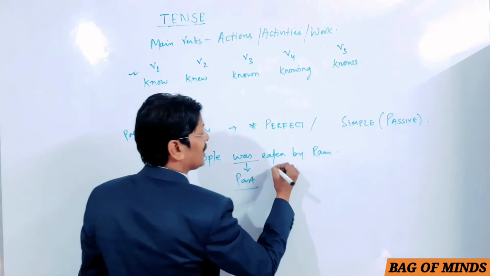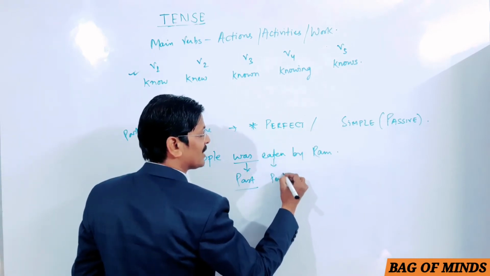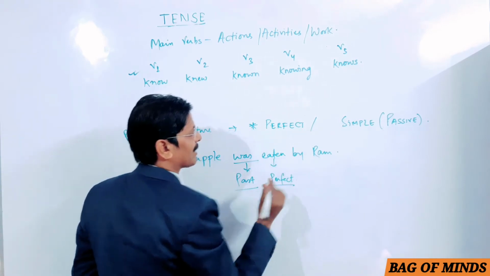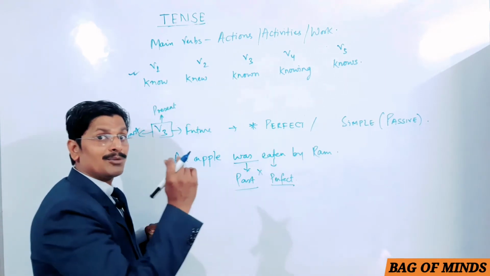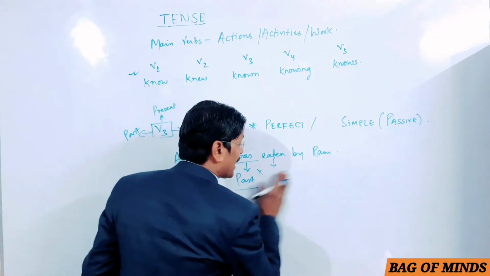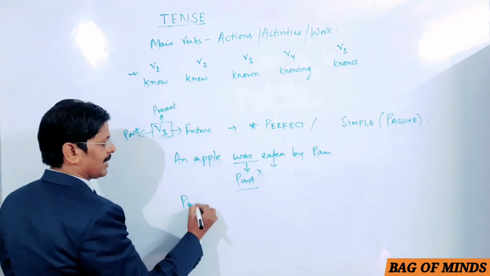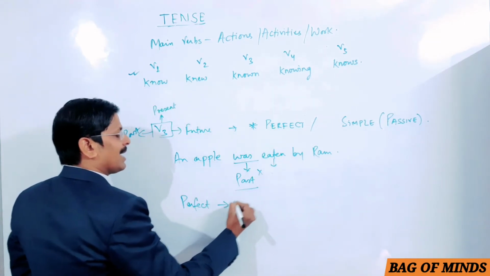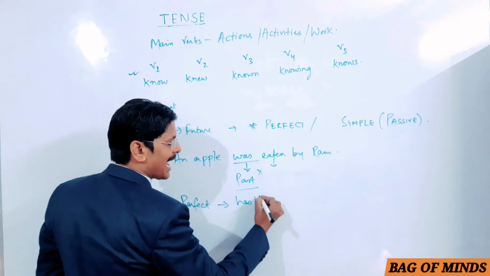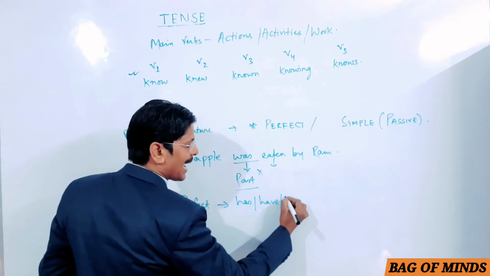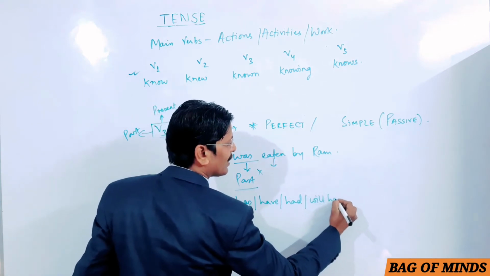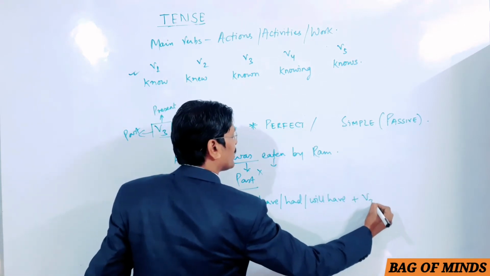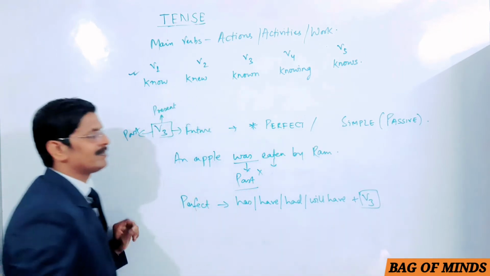Past helping verb, and this eaten is V3 form, so past perfect. No, that will be incorrect. We need to be very particular. When we say perfect, it means it has to have the helping verb has, have, had, will have plus V3. This is the perfect form.